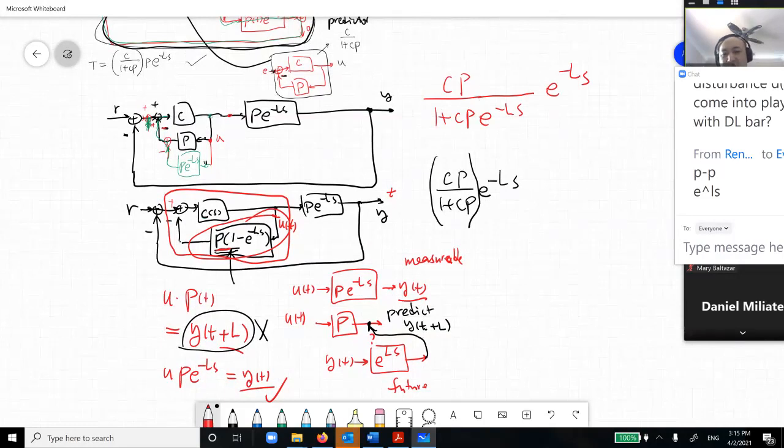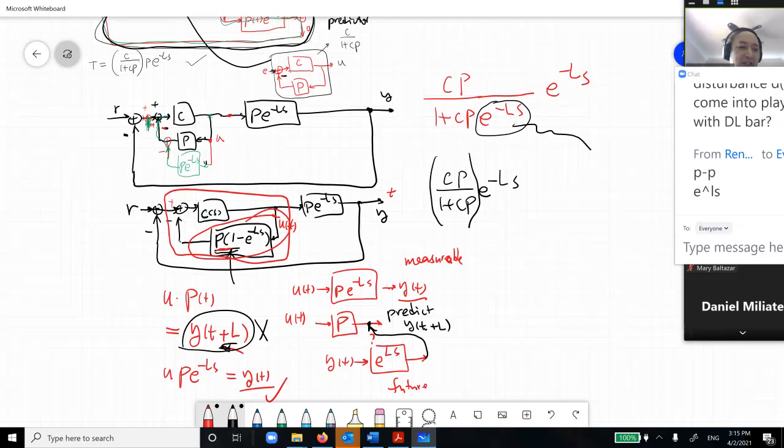So this is like a magic tool. You delete this thing completely. But this has a price to pay, like you did some sort of prediction here, right? But it's totally realizable, so it's practical.